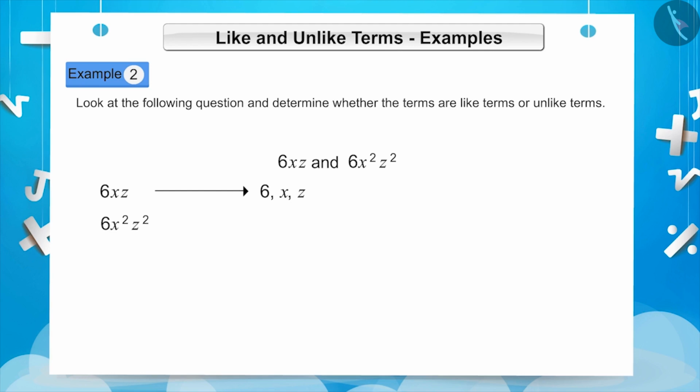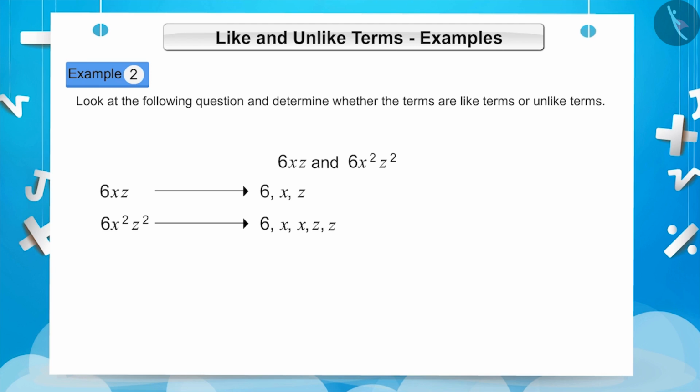Similarly, the factors of 6x square z square are 6, x, x, z and z. Here the algebraic factors of both the terms are different from each other. Therefore, these two terms are unlike terms.